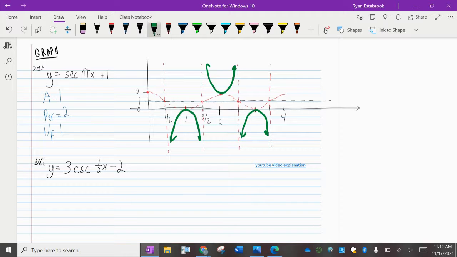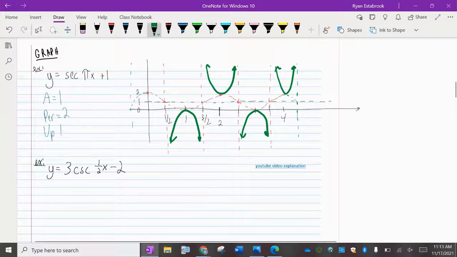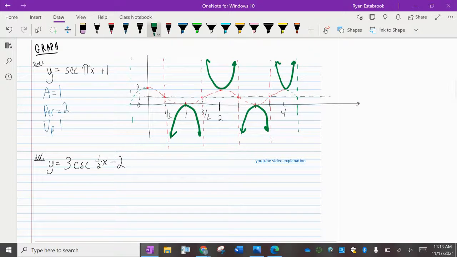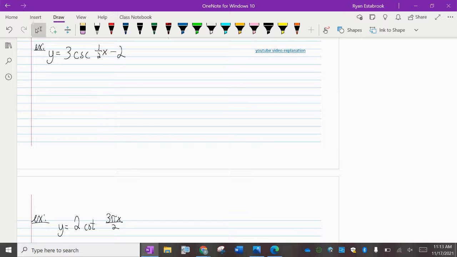You can go back over here to the left and extend this to the left and get another one over here. Or you could extend it to the right and find one over there. There is a secant graph. I want you to try this one.